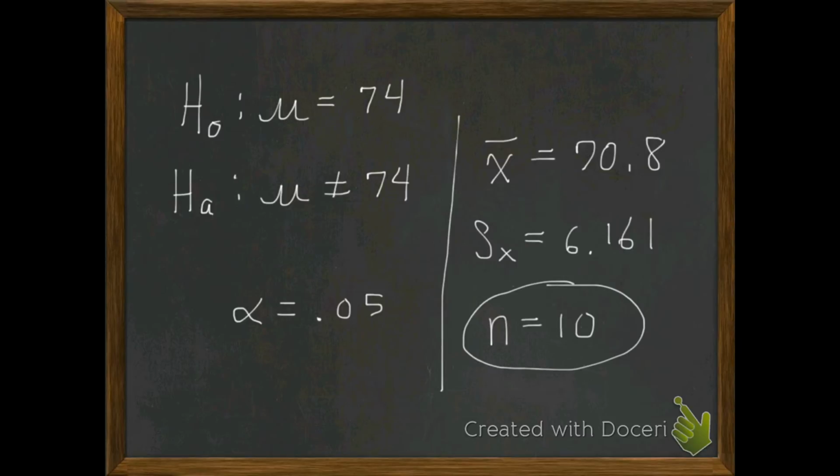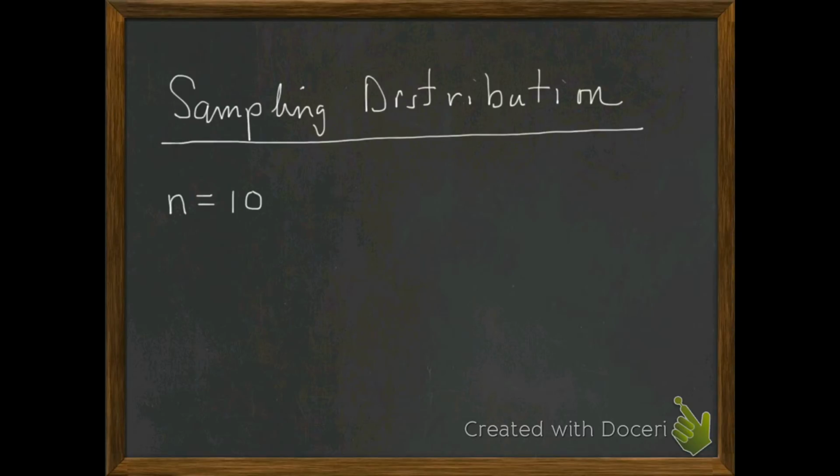So more in general, if we pull out n at a time, in this case 10, we would get a first sample mean. Now, is that the one that we got? Probably not. But if we could replicate that a couple seconds later, we would get a second sample mean.